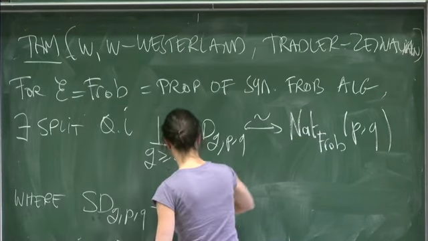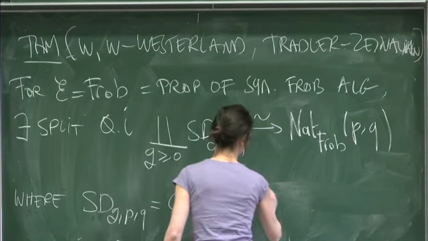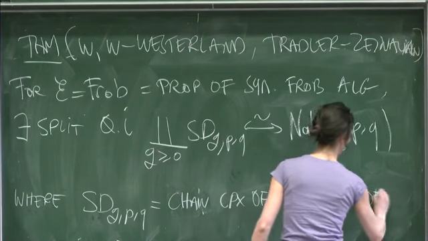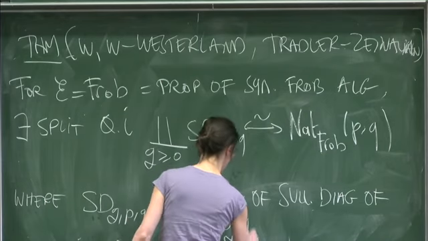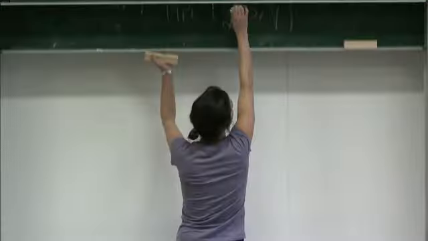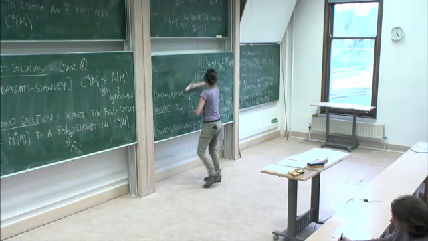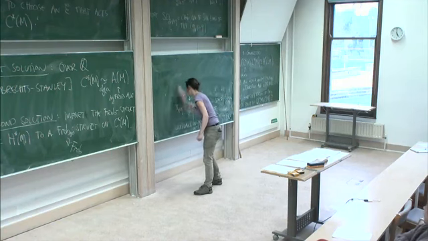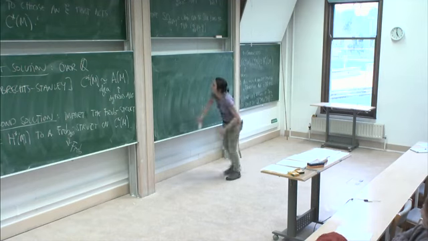SD of type g, p, q is going to be defined here as a chain complex of Sullivan diagrams of genus g.